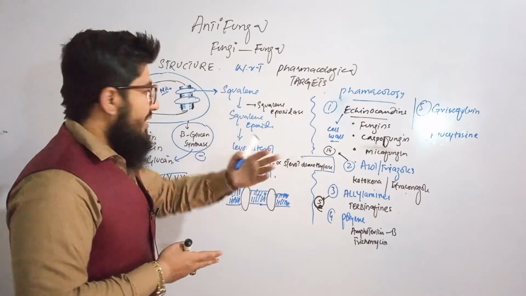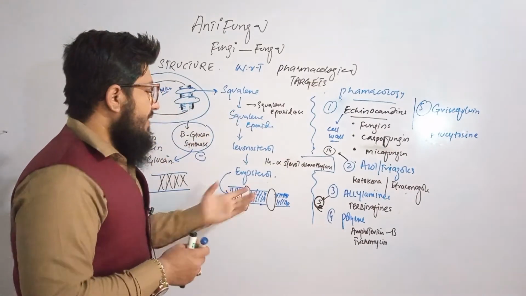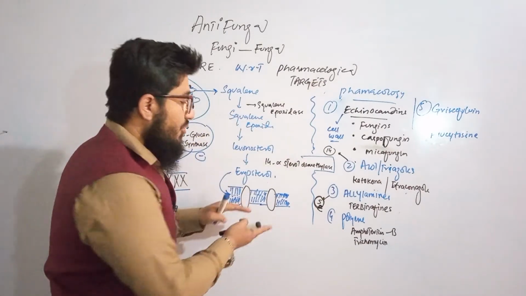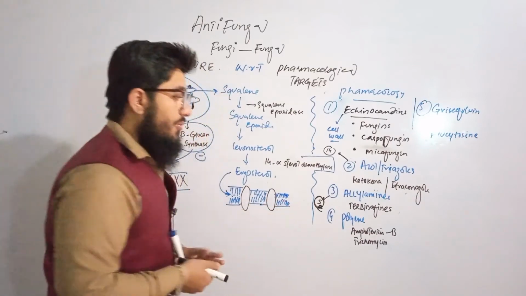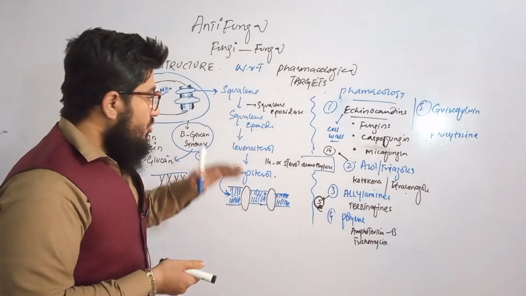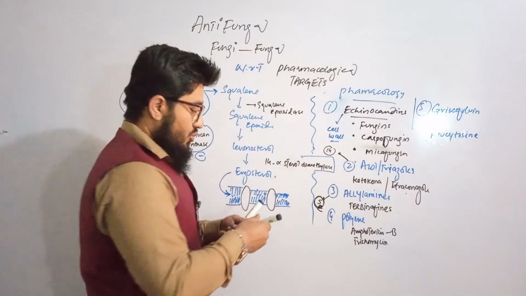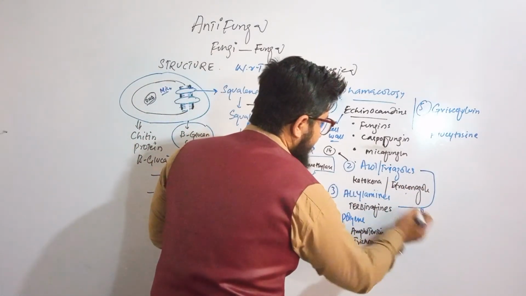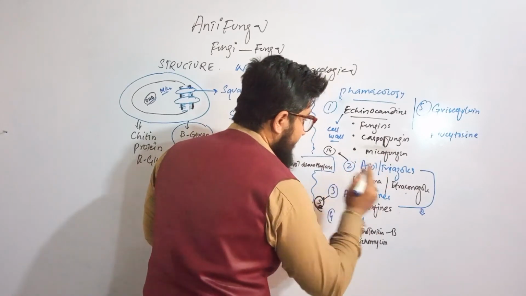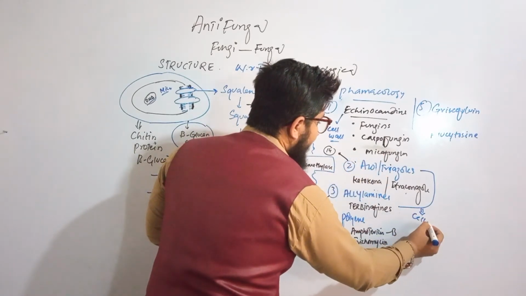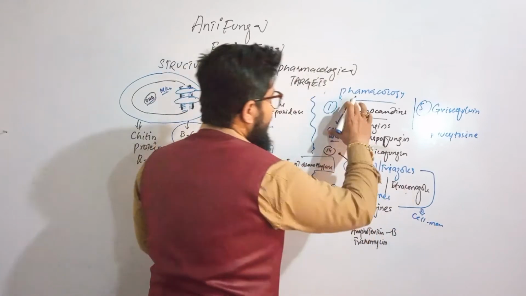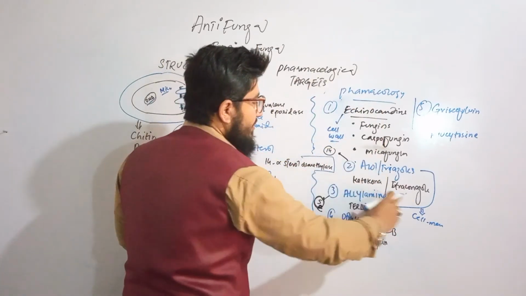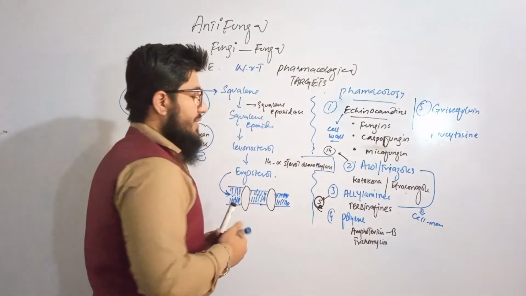Then what will happen? Very simple. There won't be synthesis of ergosterol at the end. So you can say there won't be synthesis of the cell membrane at the end. Like this, azoles, triazoles, and allylamines interact in cell membrane synthesis. For the cell wall we have echinocandins, and for the cell membrane we have azoles, triazoles, and allylamines.